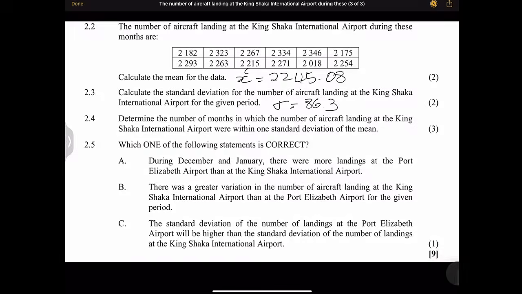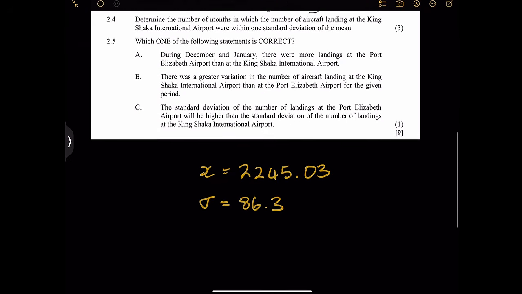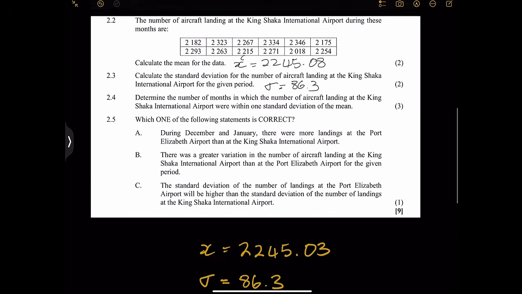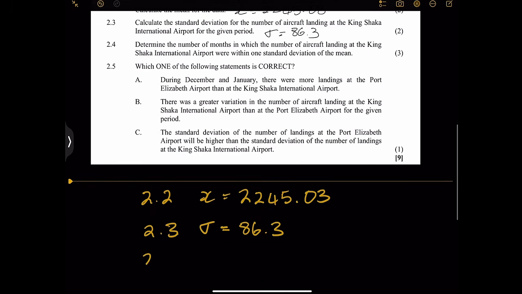So remember, when we say a number is within one standard deviation of the mean, let me just number my work there. This was 2.2 and the other one is 2.3, so that's 2.2, 2.3, and now 2.4.